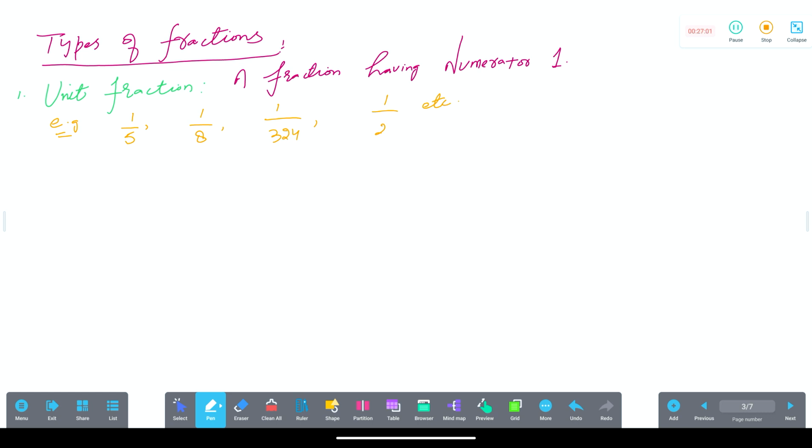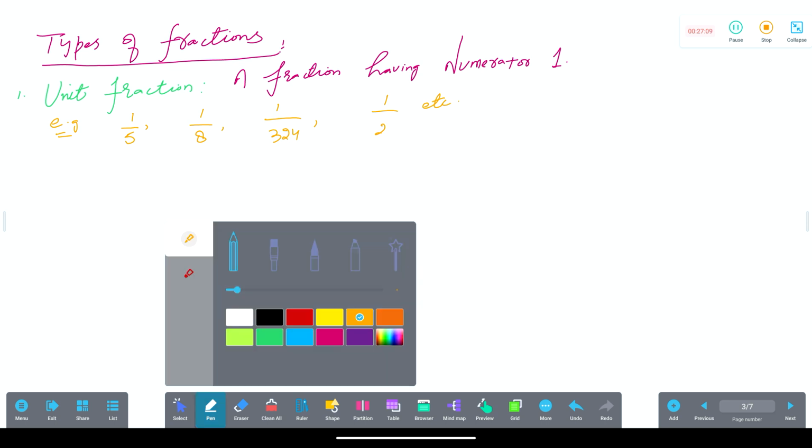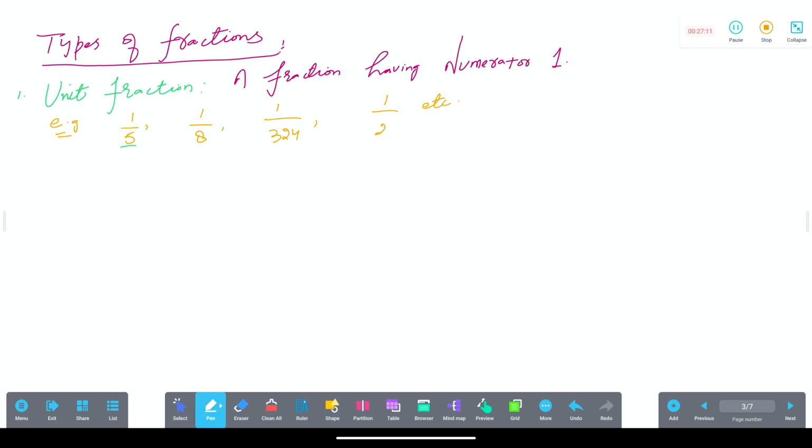You will have infinite unit fractions possible. So you can see all these fractions, irrespective of their denominator. The denominator is 5, 8, 324, 2. The denominator can be anything, but what matters is the numerator. If the numerator of a fraction is 1, we call it a unit fraction.